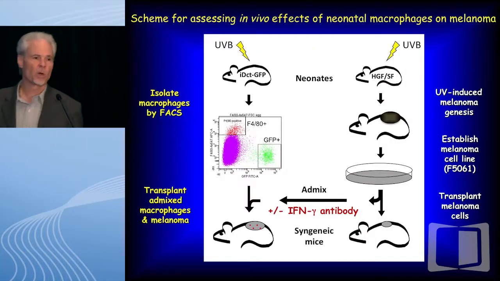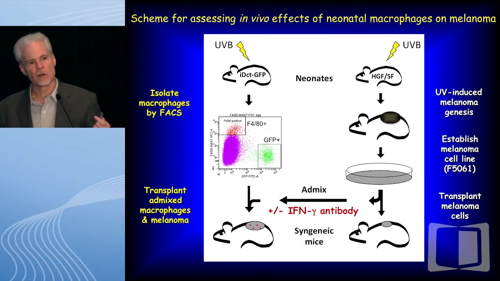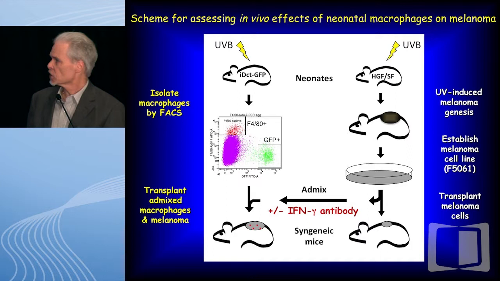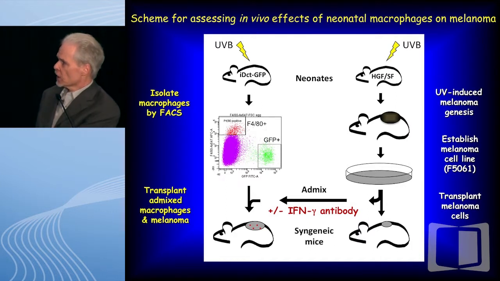So the experiment that we wanted to do is find out what these macrophages had to do with melanoma, if anything. And so the way we tested this, Raza isolated these cells from our mouse after UV radiation, and then took a melanoma cell line that we had isolated from an HGF UV mouse. This is the inducible MET, the constitutive MET model.